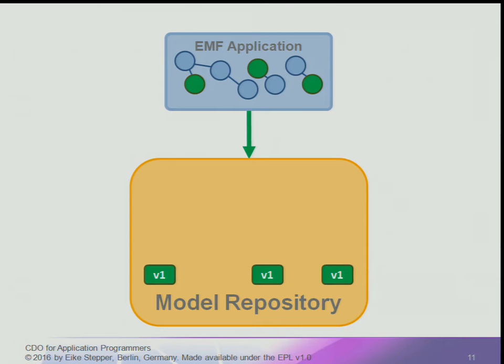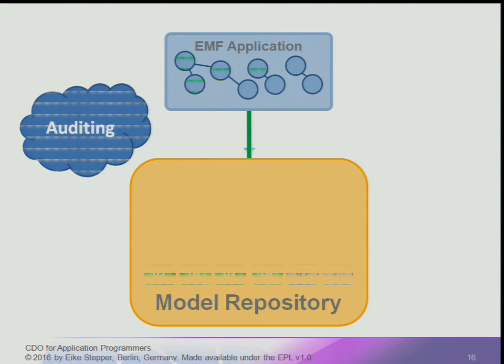In CDO, a revision is the state of a single object for a certain period of time. So here we see 3 revisions, all version 1 of these 3 objects. When other objects are changed, you see old revisions are overwritten in the underlying database. That is the normal mode of operation of CDO.